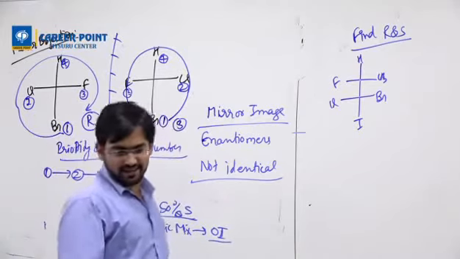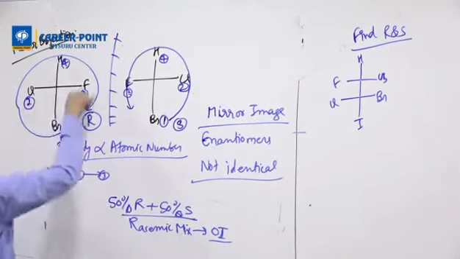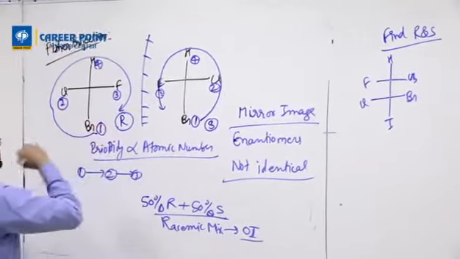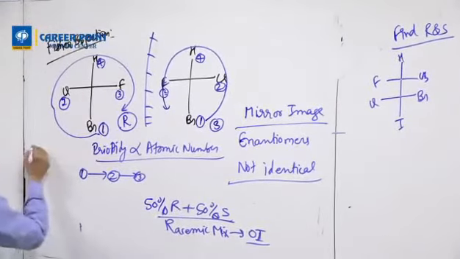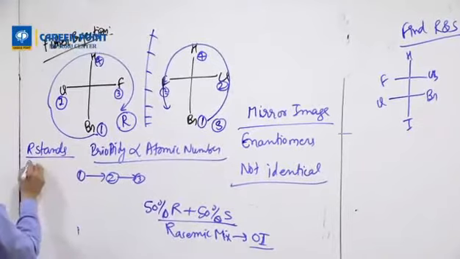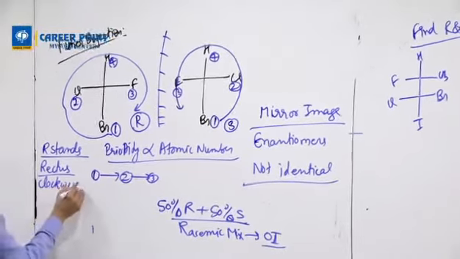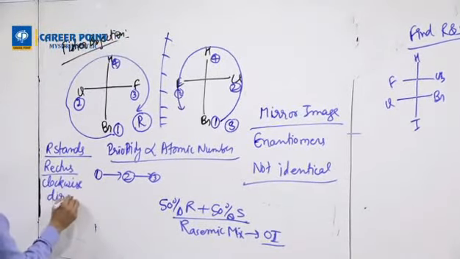What is R and S? The way I have calculated here, R stands this side. R stands for rectus, which means clockwise direction.